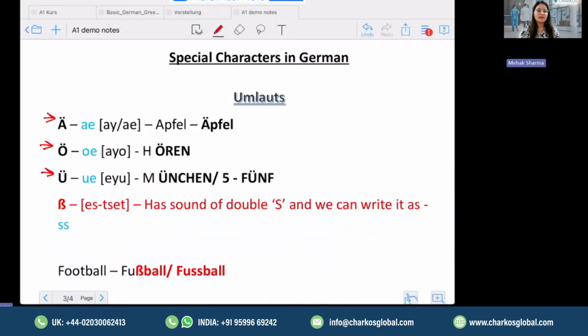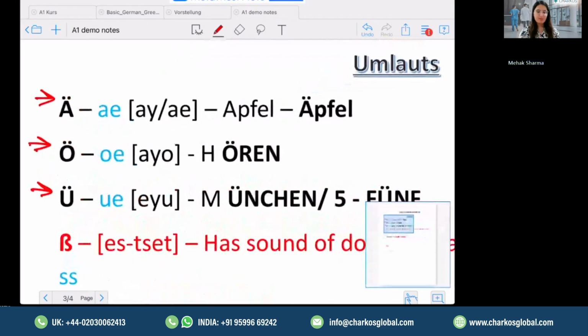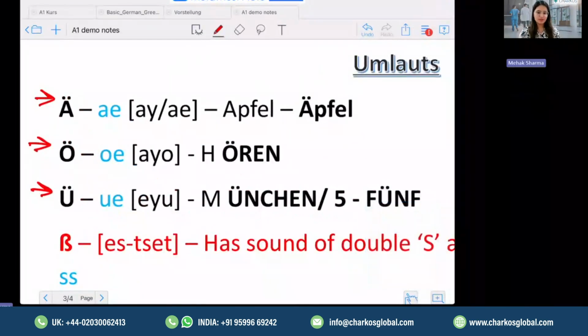So, first one is A umlaut. We call it A umlaut, which means having umlaut on A. So, when you put umlaut on A, it changes the sound, which is written here.